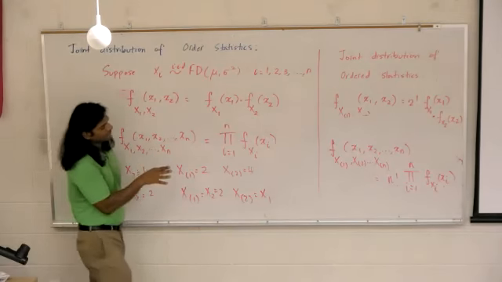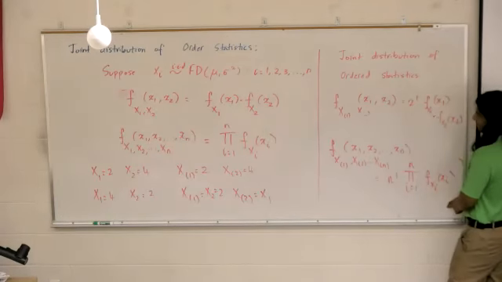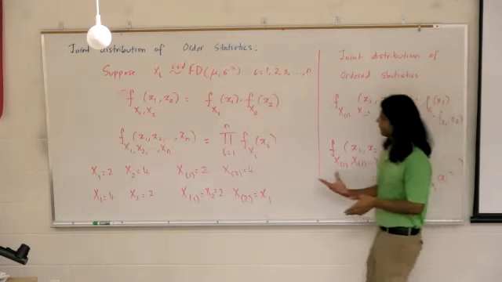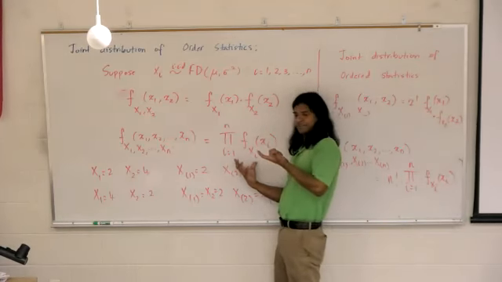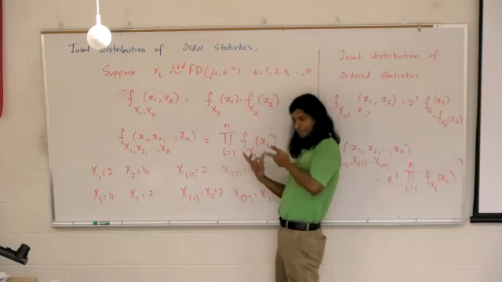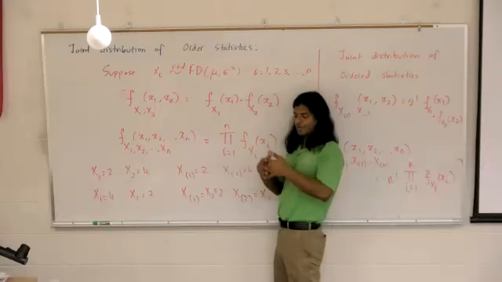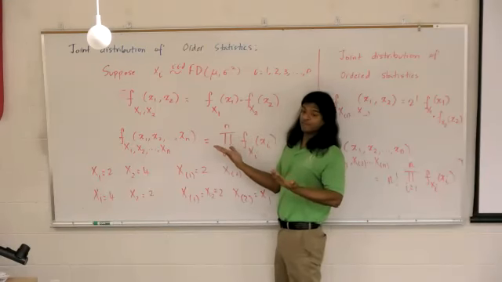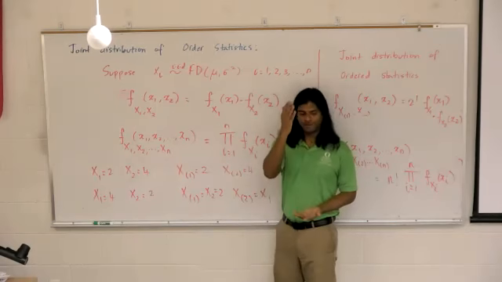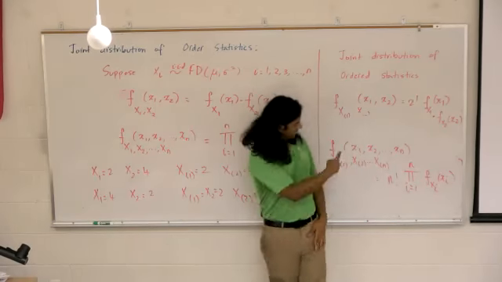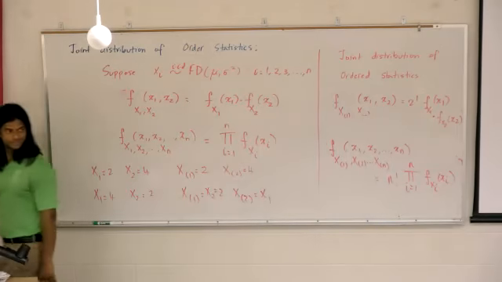So all we're doing here, we're getting this n factorial times this because the first ordering would be that, the second ordering would be that, the third ordering the same. So how many possible permutations or orderings do you have? n factorial. So add them all together, you get n factorial times. Good.